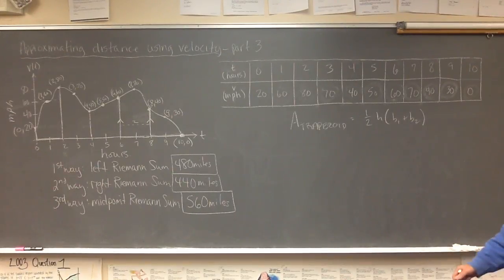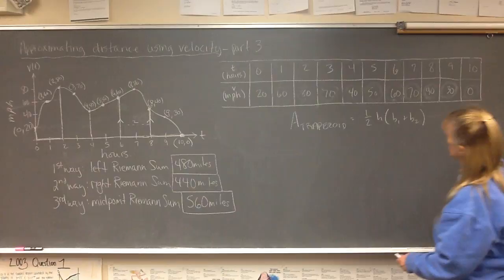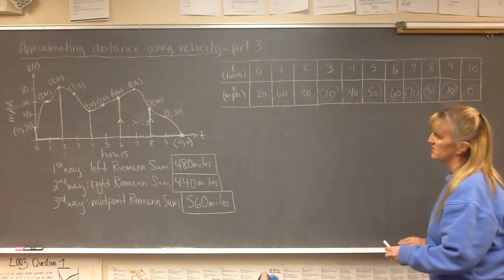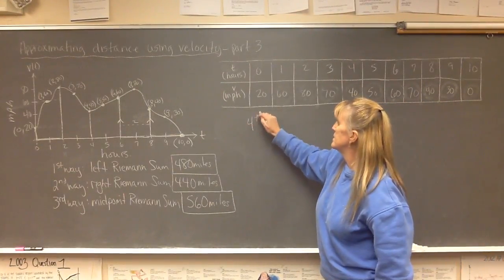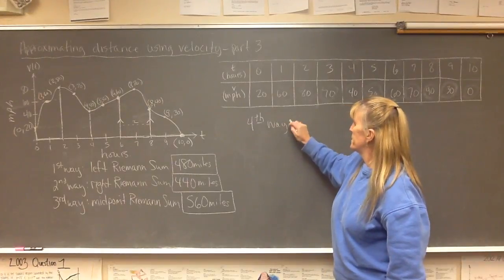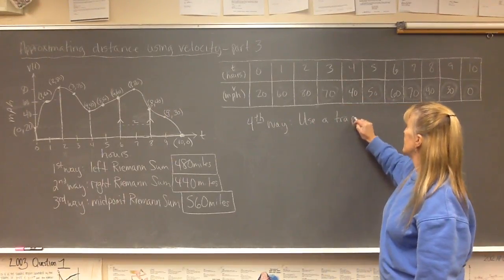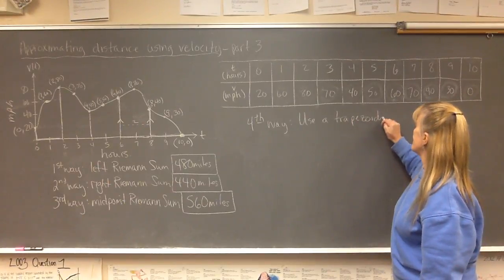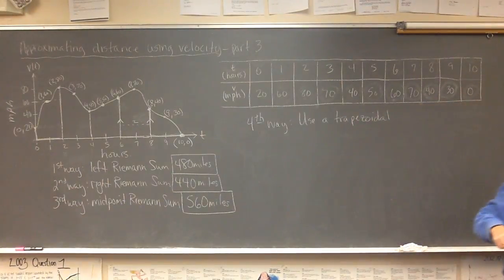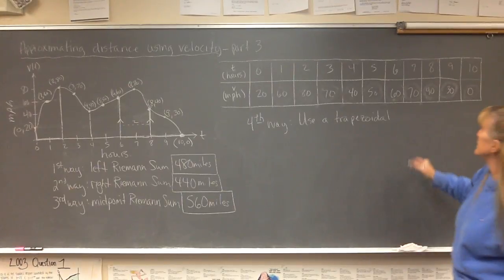Okay, so I'm going to erase this, and I'm going to say 4th way. And we are going to use a trapezoidal, I think it's still called a Riemann sum.